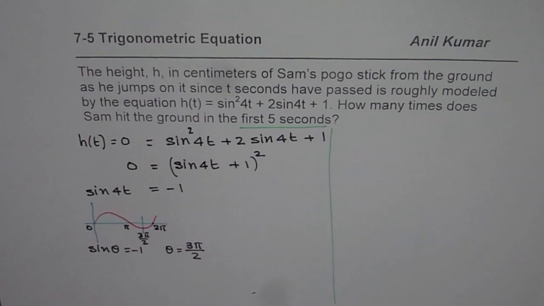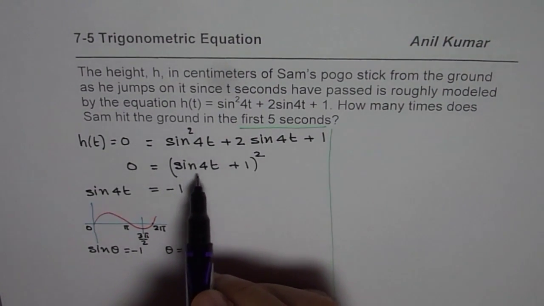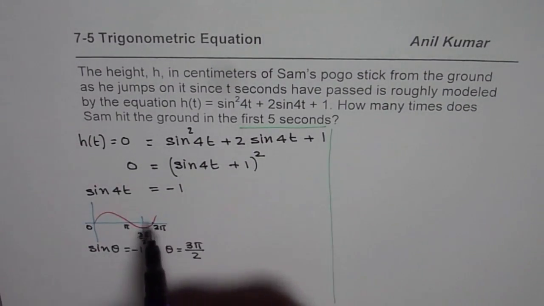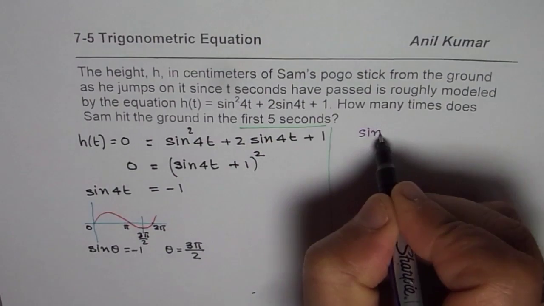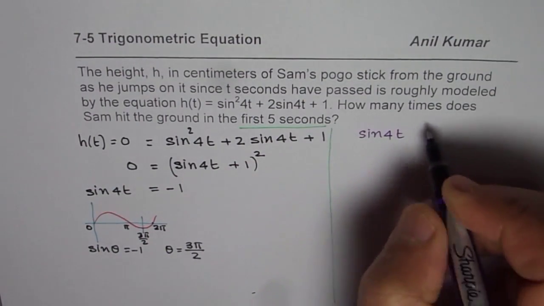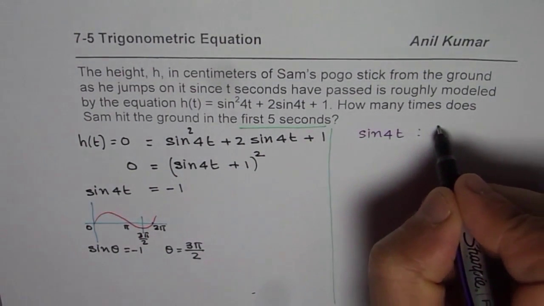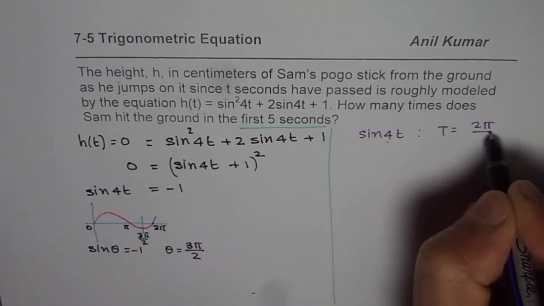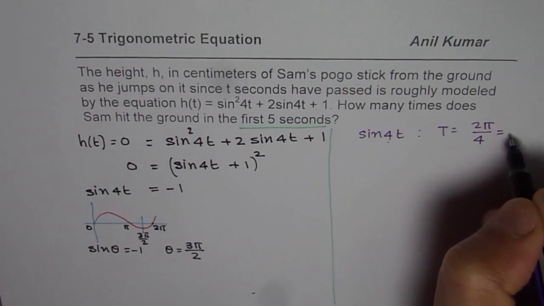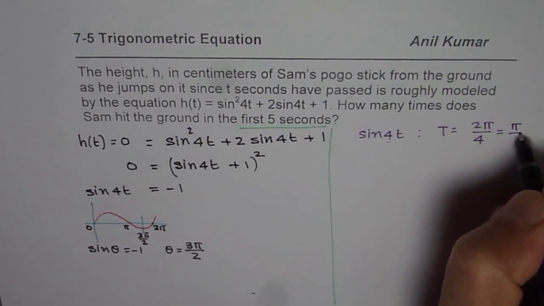So we are going to find the time period for this function sin 4t. The time period is 2 pi divided by the k value of 4, which is pi by 2.